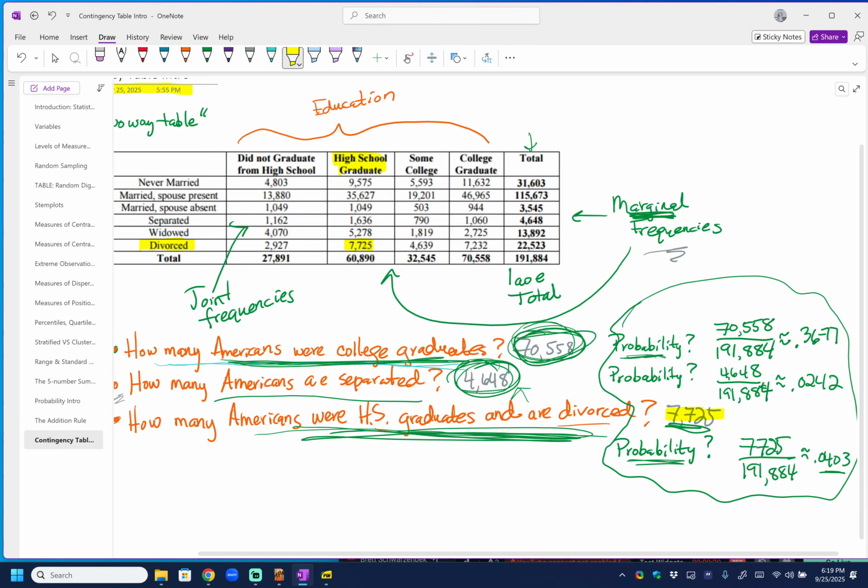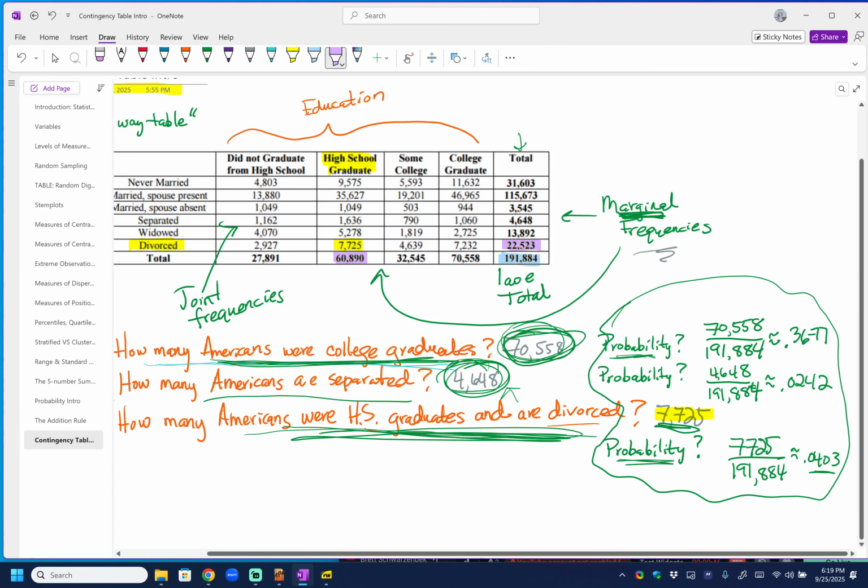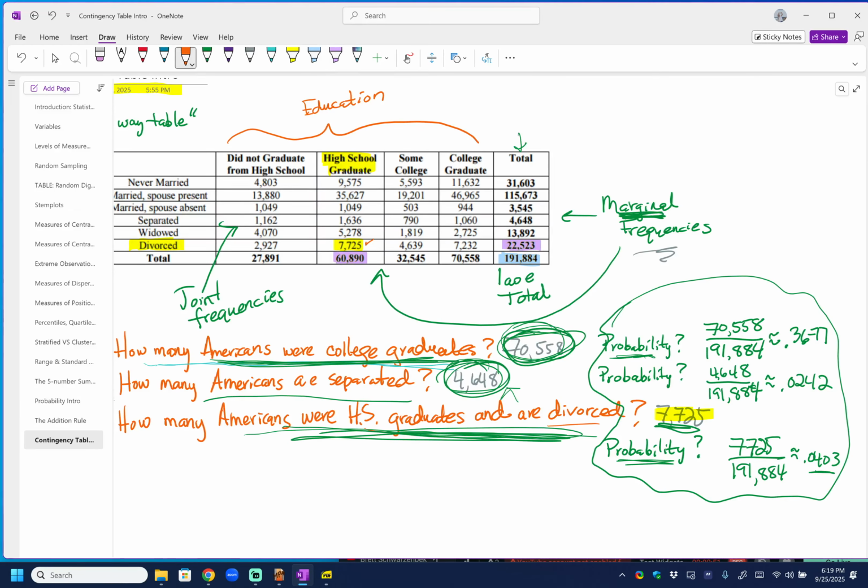You now know you're supposed to use the table total as the denominator, but realize that there are actually two other totals associated with 7725: the column total and the row total. The most common mistake students make is they will literally take 7725 and divide by one of these instead. Just realize all marginal and joint probabilities will always be taken out of the table total. Try to remember that and you will avoid those mistakes.